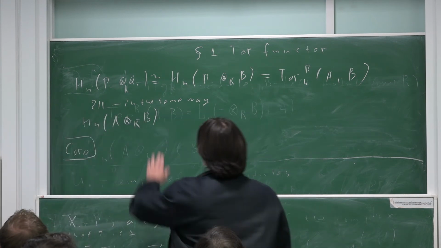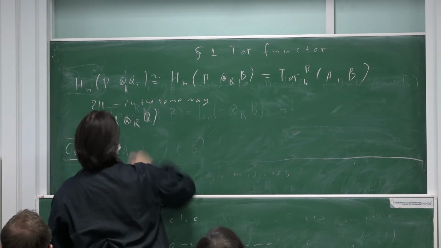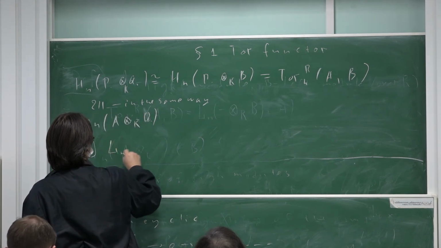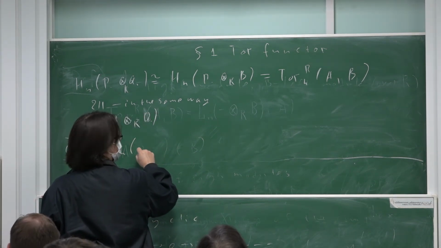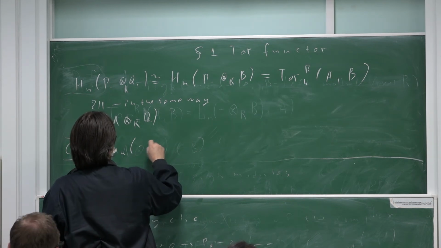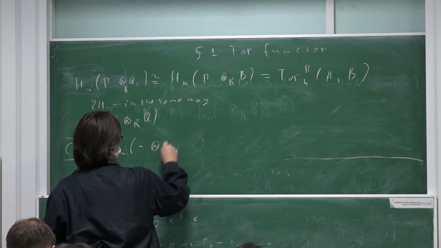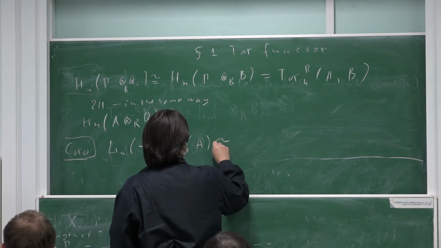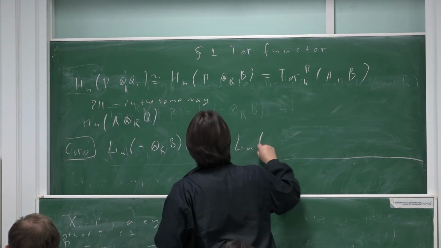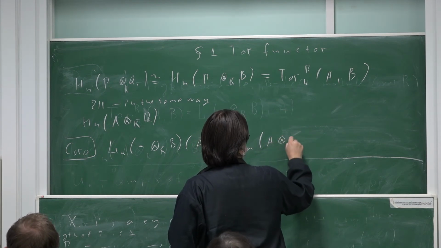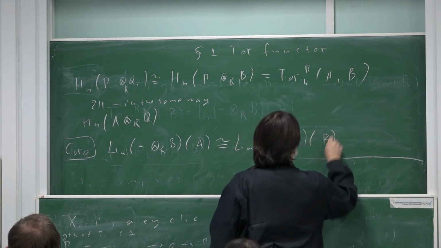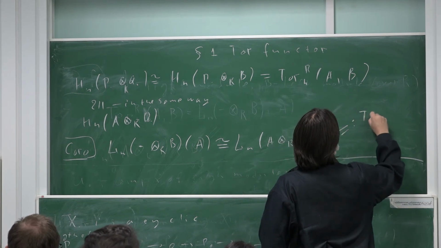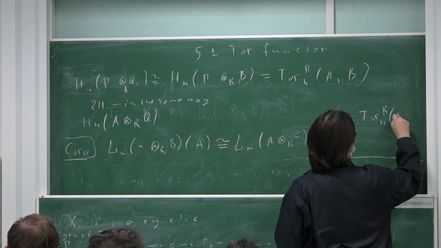That says that Ln of dash tensor R B of A is isomorphic to Ln of A tensor R dash of B, and this guy is denoted Tor n R A B.